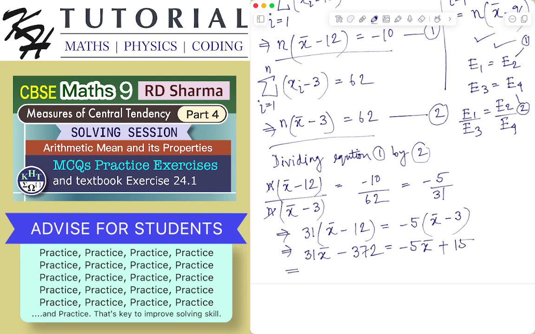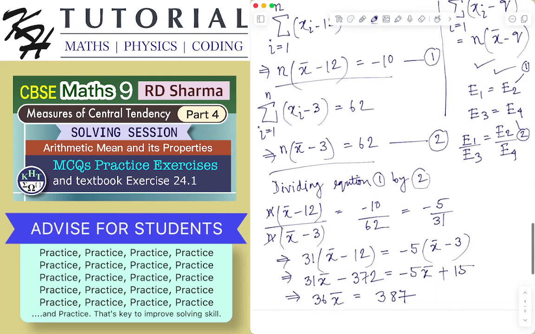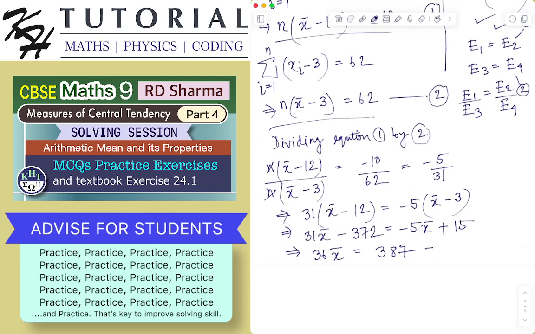Bringing all the x bar terms on the left hand side, I have 36x bar is equal to 387. Okay, so x bar will be 387 divided by 36.